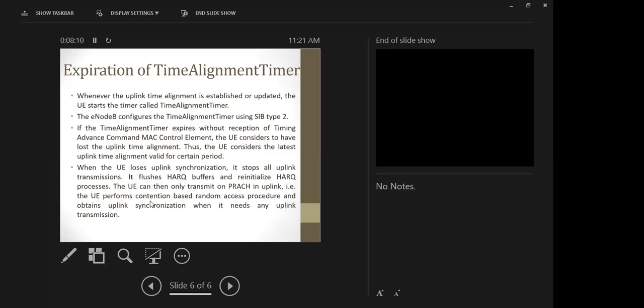So you can only begin a random access procedure. That's the only thing you can do then. There's no other way to use uplink transmission. So that is pretty much for uplink transmission. This was the last slide.